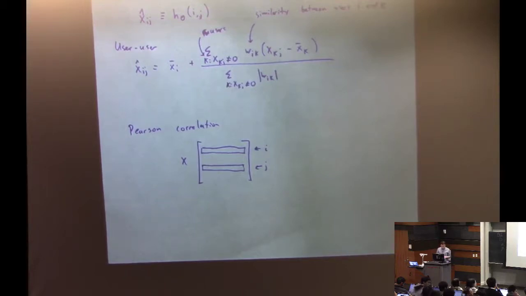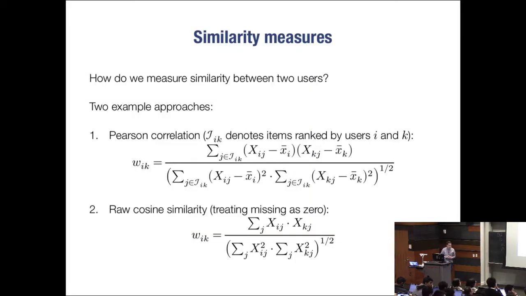If you use raw cosine similarity and treat missing entries as 0, would that make two users who didn't rate anything in common similar, since they have a lot of common zeros, compared to two users who rated a lot of things with close numbers, like 4, 3 and then 3, 4?